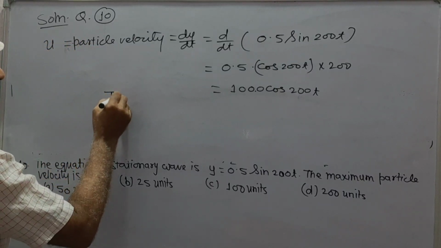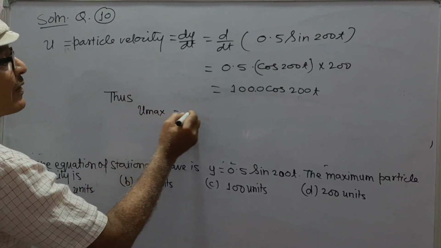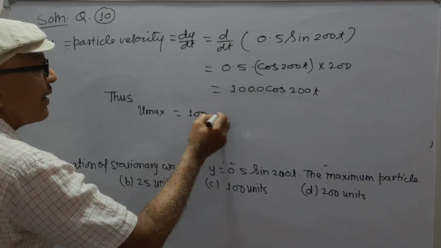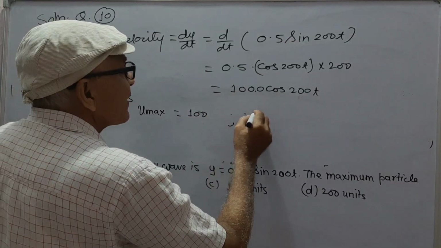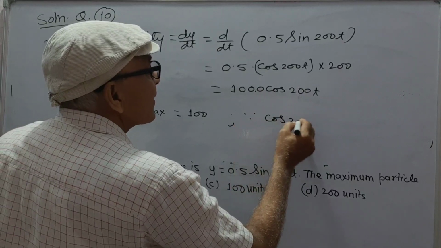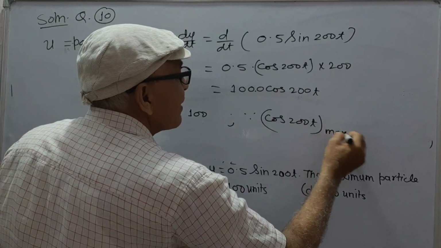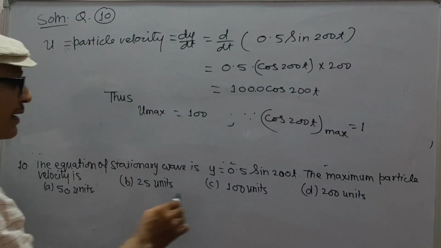Thus u maximum will be equal to 100, because cos 200 t maximum is 1. So the correct option will be C.